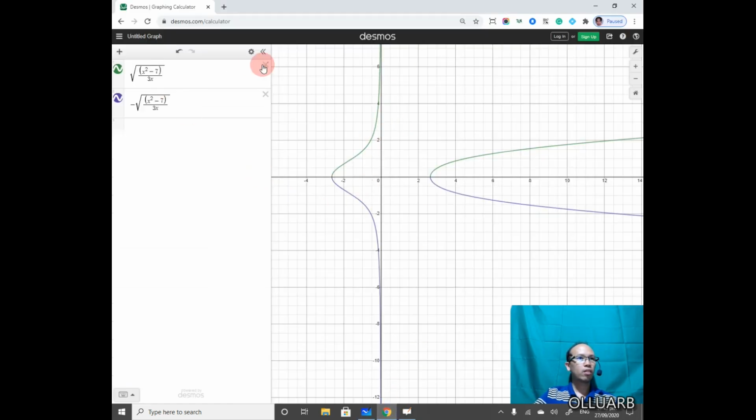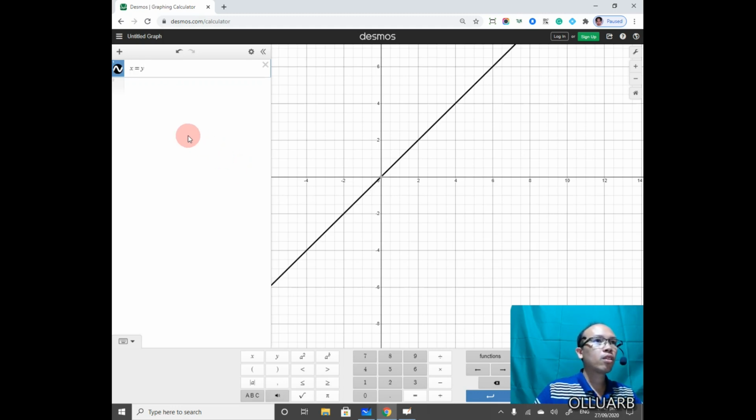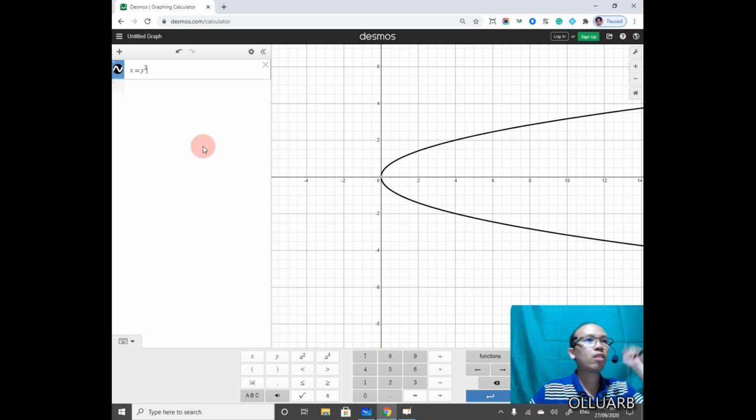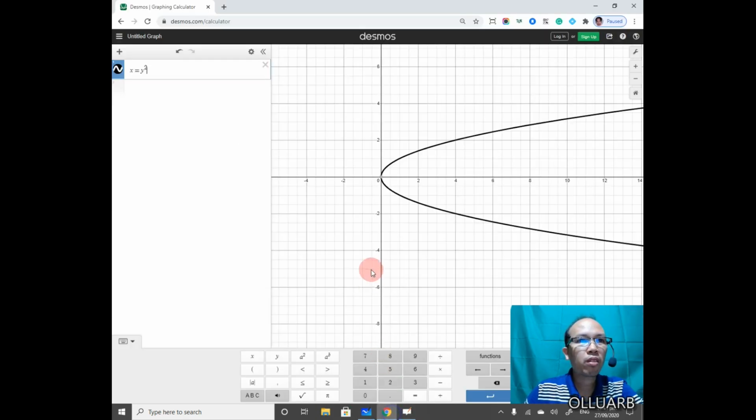Let's erase this one. Let's graph it first. You will have the square root of y. Let's say x is equal to y squared. Can we graph this one? y squared, this one. Okay, what happened? Let's wait for the program.